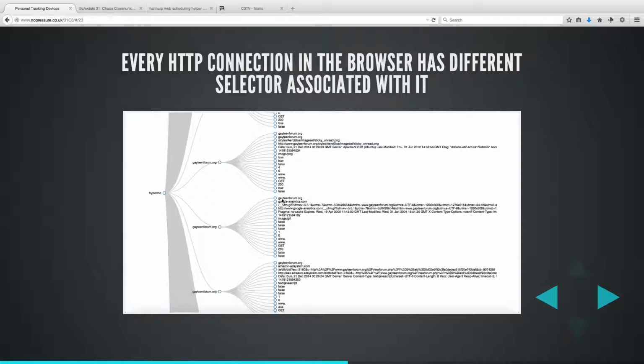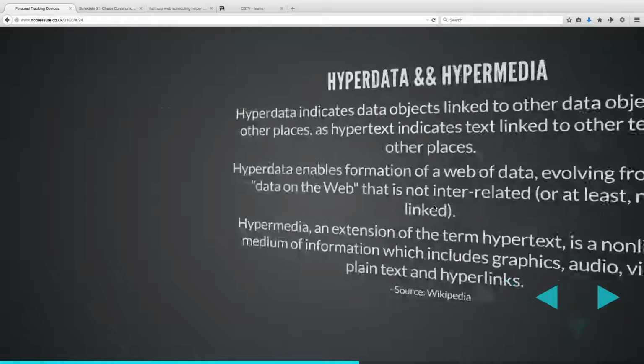It says, for example, that this connection goes from Gating Forum to Google Analytics, and they track a couple of things about you. For example, here there is the screen resolution, which, used in combination with other things, can be used to uniquely identify your browser on the internet. If you match that with the browser plugins you're running and so on, it can create a unique identifier of your browser, even if you're not logged in to any service. But we will see this in a bit.